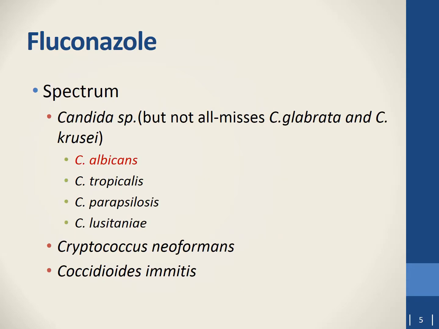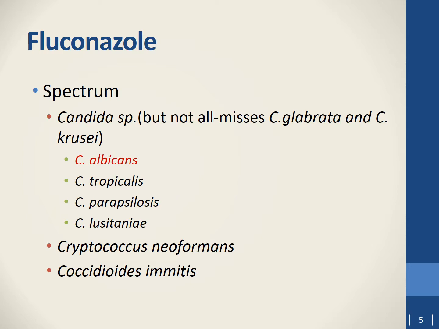So in terms of the pillar of the class, fluconazole, if you can remember that its spectrum is Candida species, but it does have a couple of big misses. So it's great for Candida albicans, Candida tropicalis, Candida parapsilosis, and Candida lusitaniae. However, it does not cover infections due to Candida glabrata and Candida krusei.